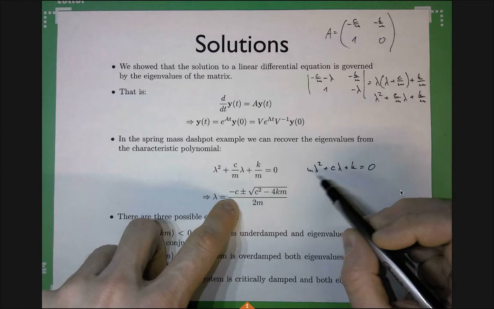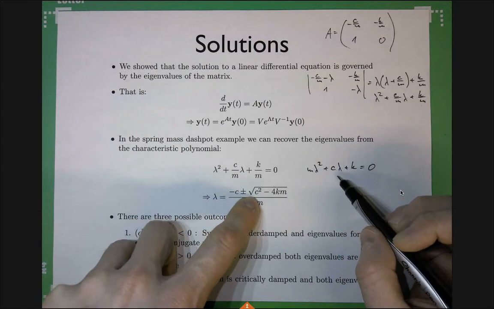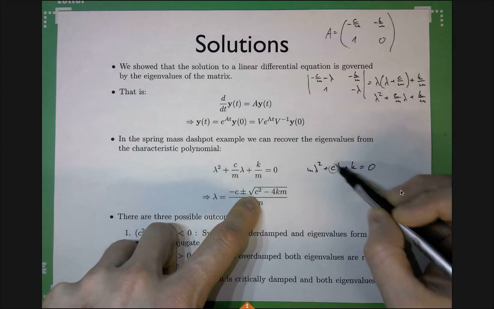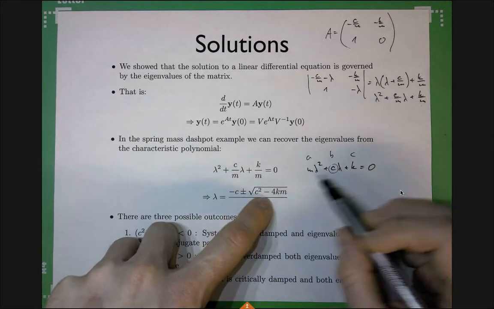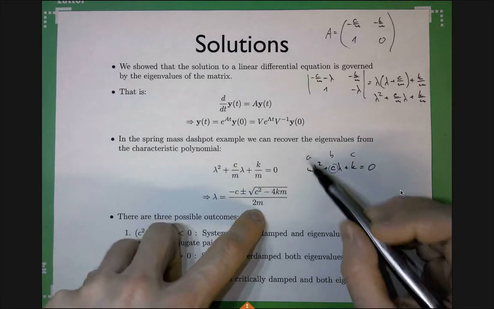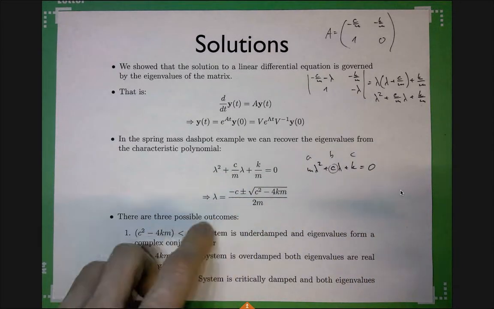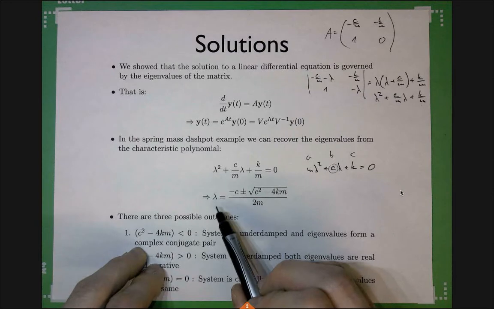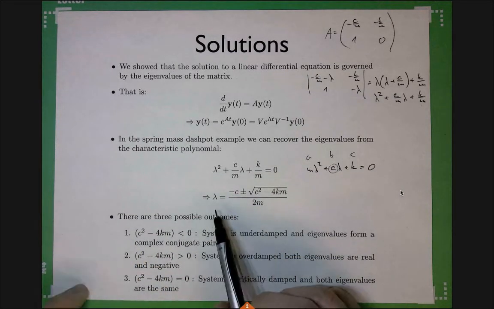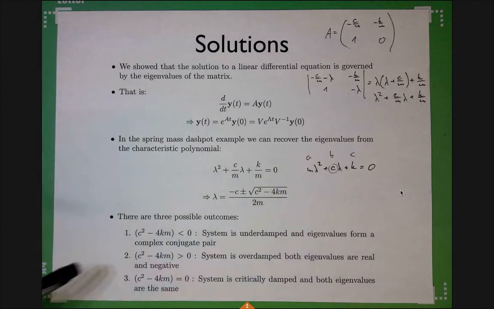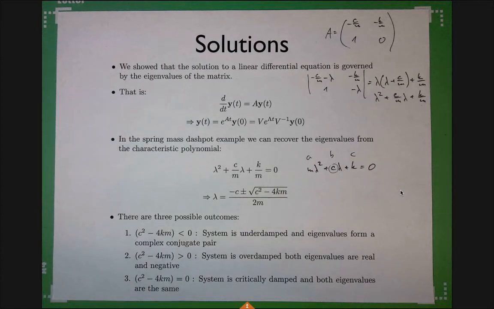So this is minus b plus minus the square root of b squared minus 4ac, divided by 2a, as if this was a, b, c. So those are the two roots, and based on what these lambdas are, we can characterize different possible outcomes of the damped harmonic oscillator. It's sort of cool.